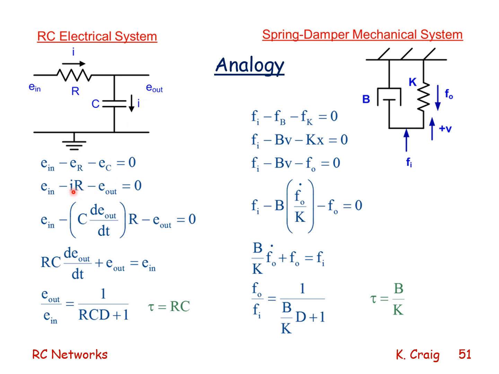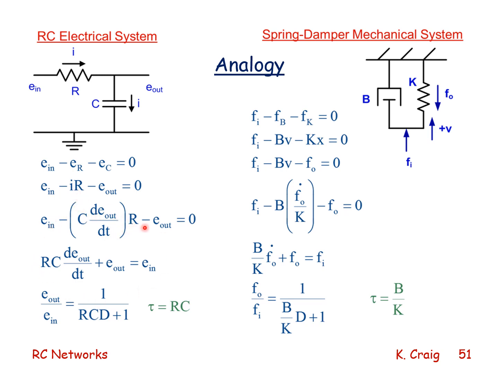I replace I using the constitutive equation for the capacitor. The current flowing through the capacitor is C times dE out/dt. I then carry down the R.